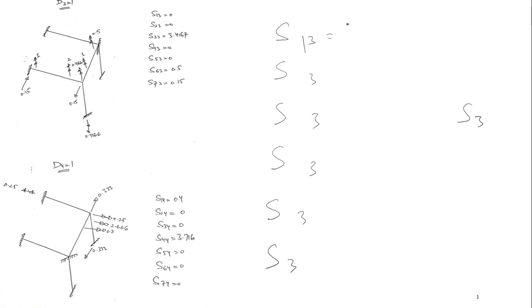So S1,3 is 0, since I have got nothing here. S2,3 is in the Z direction, and I have got nothing here as well, 0. S3,3 is in the Y direction, so I'll have to add 2 plus 1 plus 0.4166.